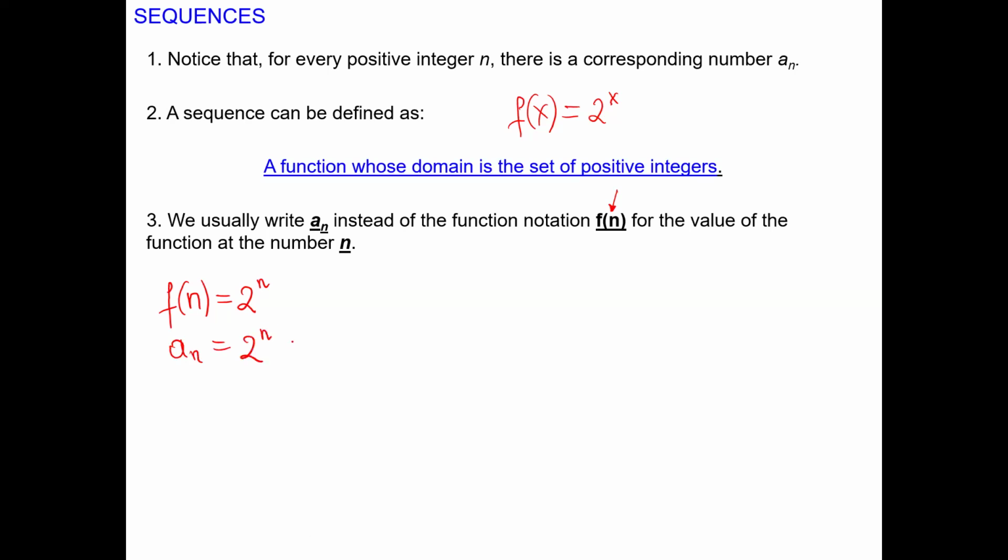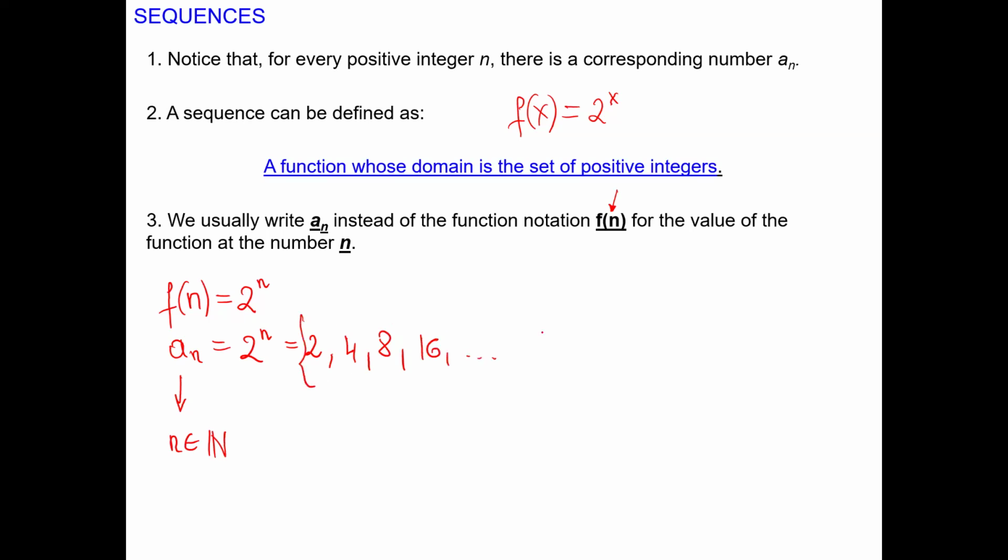Before we look deeper at these formulas, let's list the terms. Because this formula is defined only for the natural numbers, we have 2 to the power of 1, 2 to the power of 2, 2 to the power of 3, 2 to the power of 4, and so on.